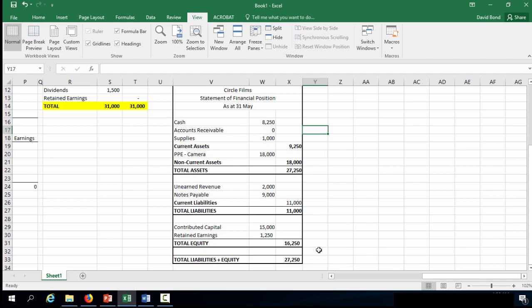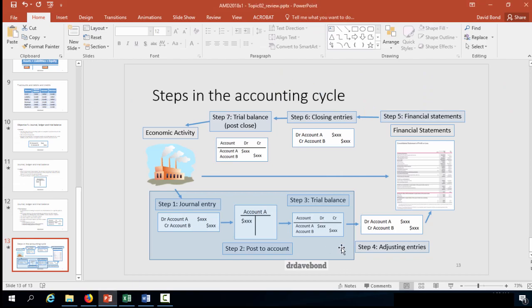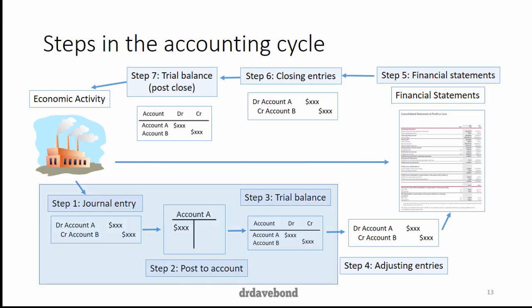And what we've done is gone through steps 1, 2, and 3, and actually then created the financial statement. So we've actually done step 5. And what we will look at in the next topic is step 4, creating financial statements with some adjustments already made, and then closing things down for step 6 and step 7.